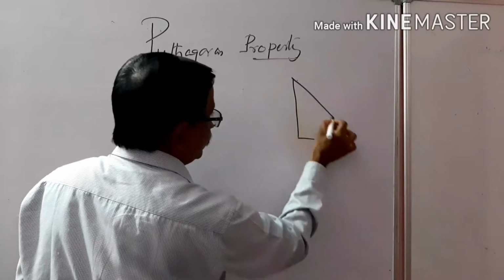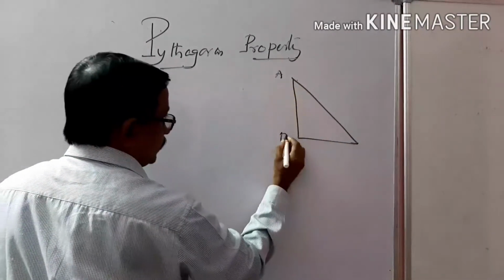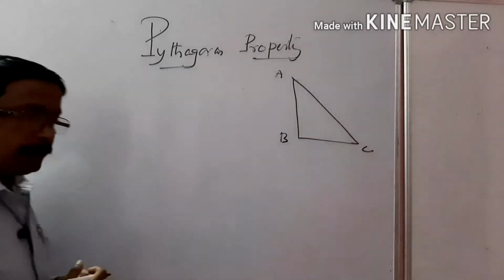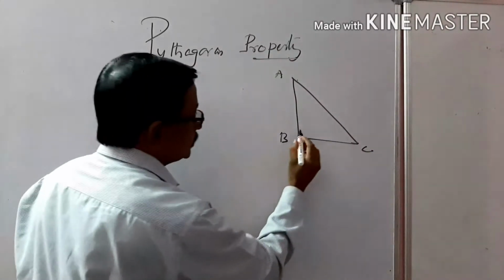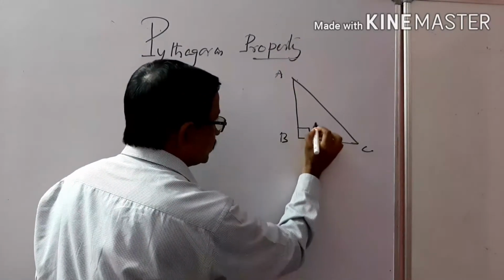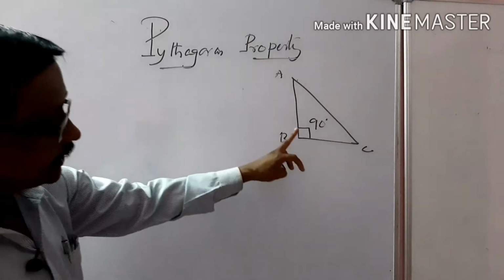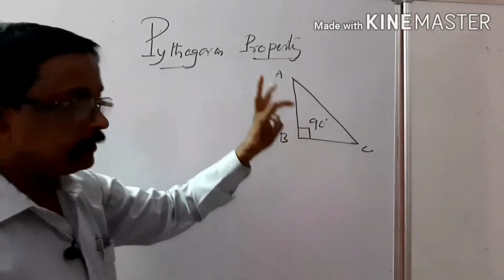We are considering, and I am drawing a figure, ABC is a right angle triangle. How do you make sure it is a right angle triangle? One angle must be 90 degree. As a right angle triangle, one angle must be 90 degree.